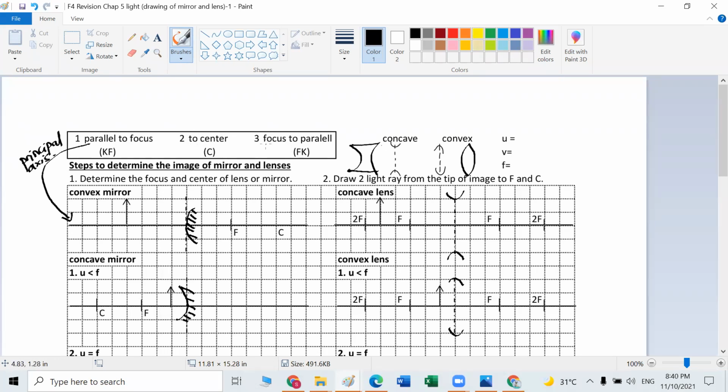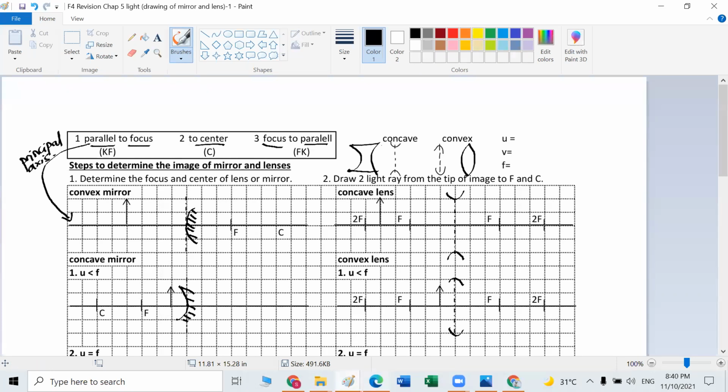Is FK, means from focus to parallel. So means when the light passes through either mirror or lens, actually we just look at the three light rays, then you will see the image form.